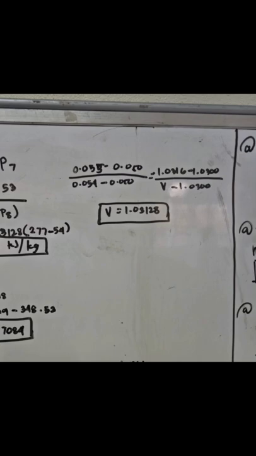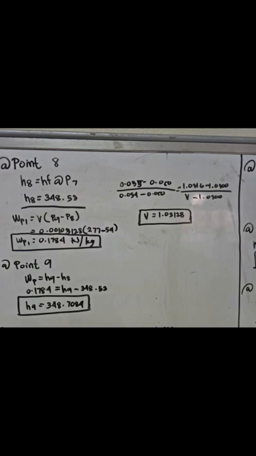Interpolating between 0.050 and 0.055 over 0.054 minus 0.050, equal to 1.316 minus 1.0300 for V. So we have a V given of 1.03128.